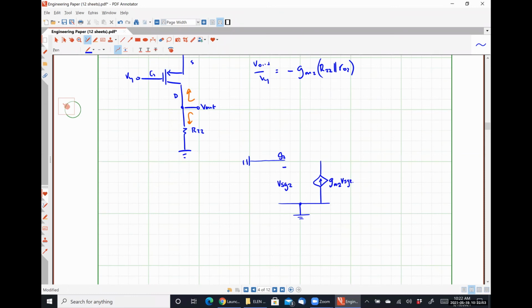Well, we know that VSG2 is 0 in this case, so that doesn't do anything. So this guy is just an open circuit between the drain and the source. We have R02, and from the drain, okay, and we're already looking, sorry, I was about to connect R22 to ground, but that would be double counting it in a sense. So when we look up, we see R02. When we look down, we see R22, and so the output resistance is just those two in parallel.